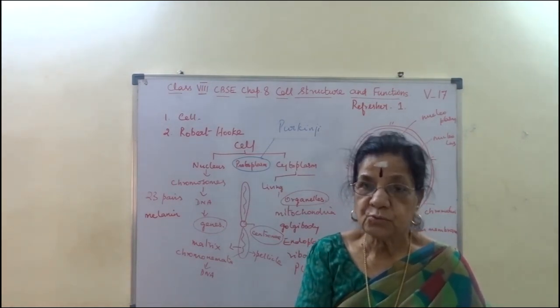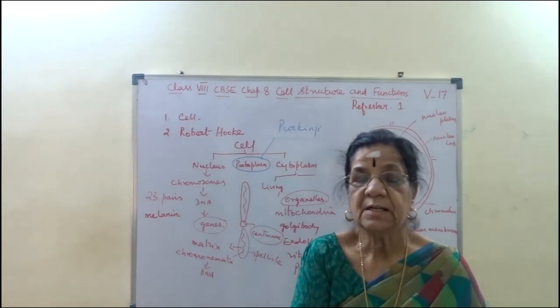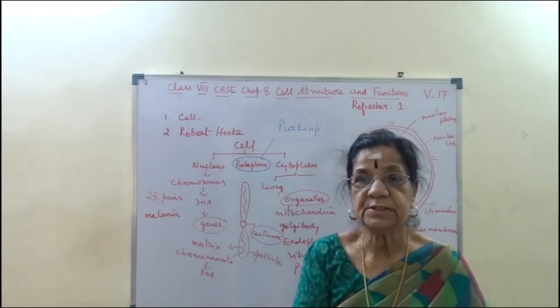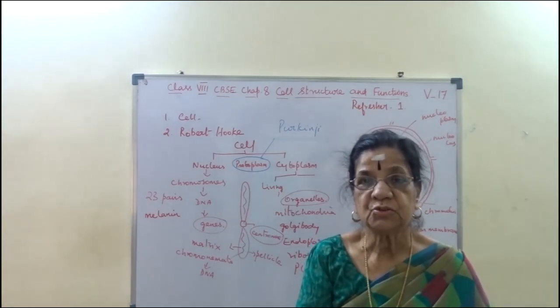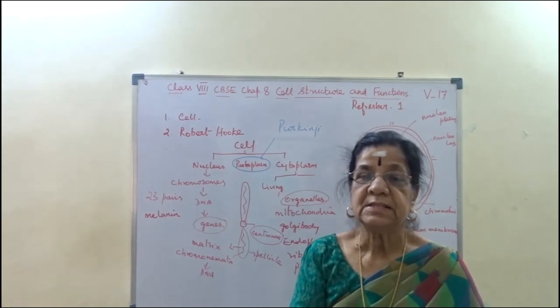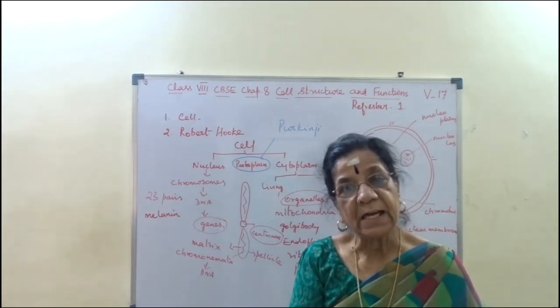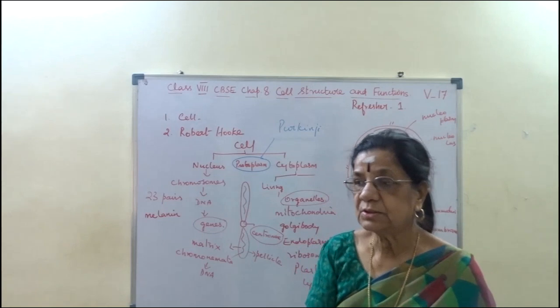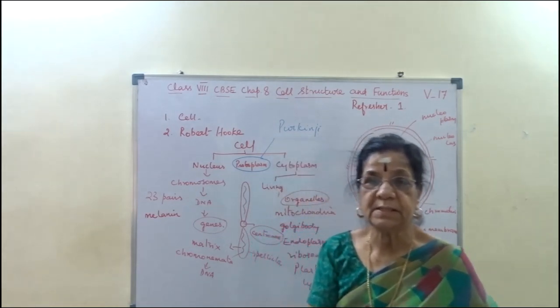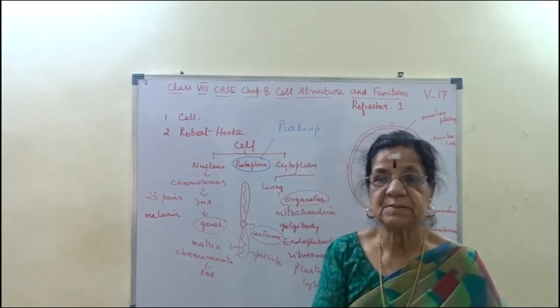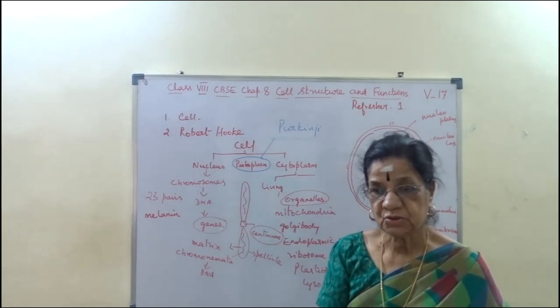And there are 4 or 5 genes present in these 23 pairs of chromosomes that decide the skin color. In the same way, hair color is also decided by different genes present in the chromosomes.